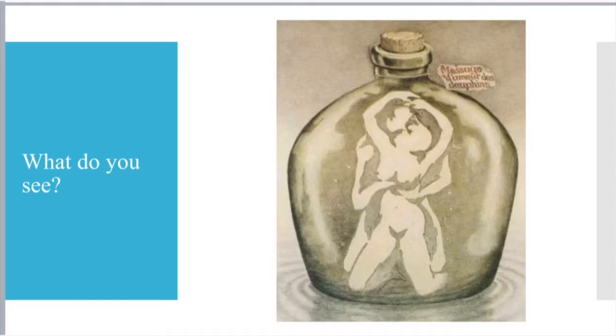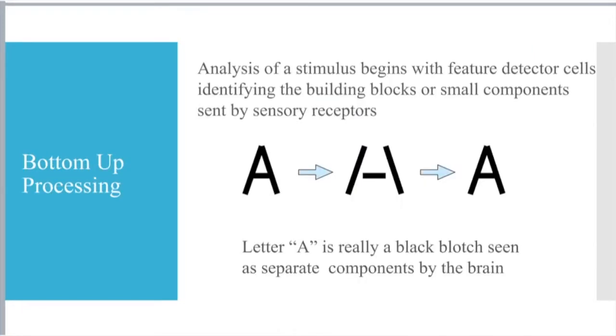It's because we're basing it on previous experiences. So another example, bottom-up processing. We know that the letter A is really all black blotch seen as separate components by the brain, right? Bottom-up processing would say, I see 3 lines.